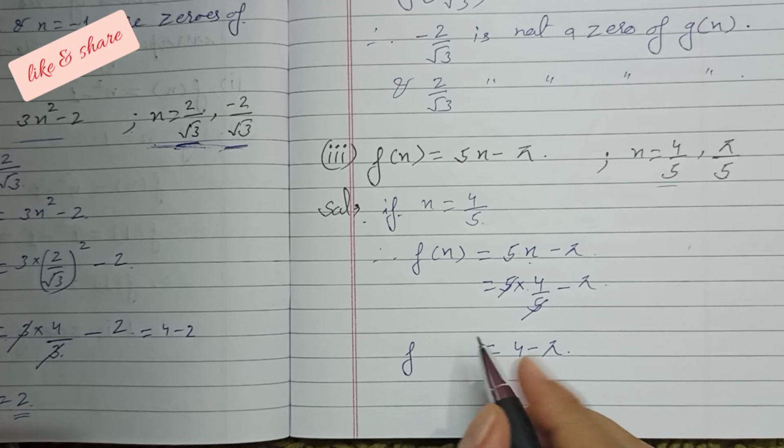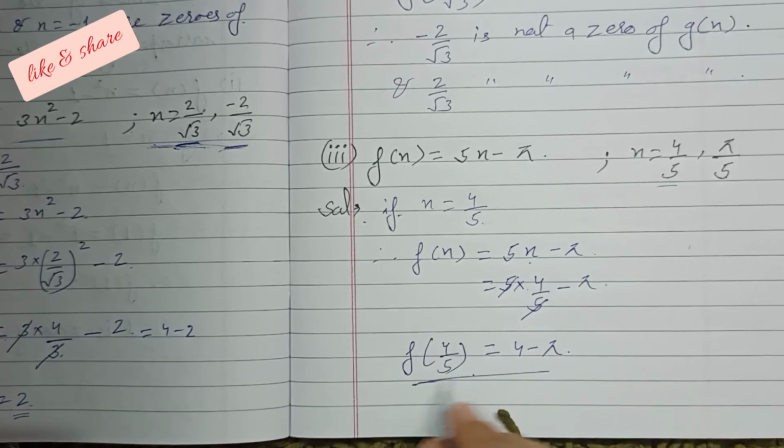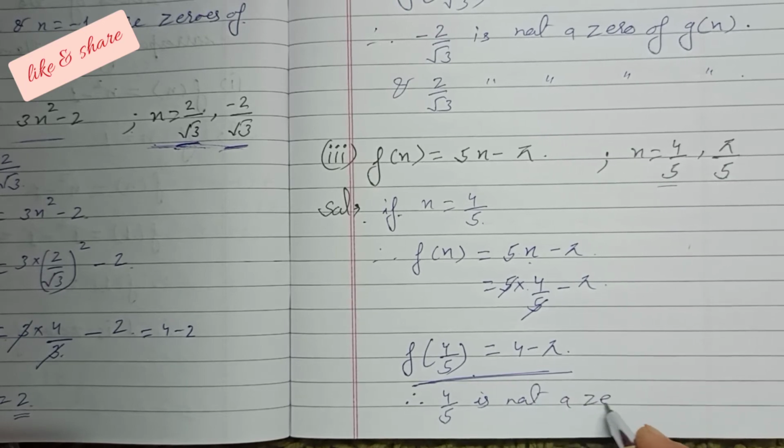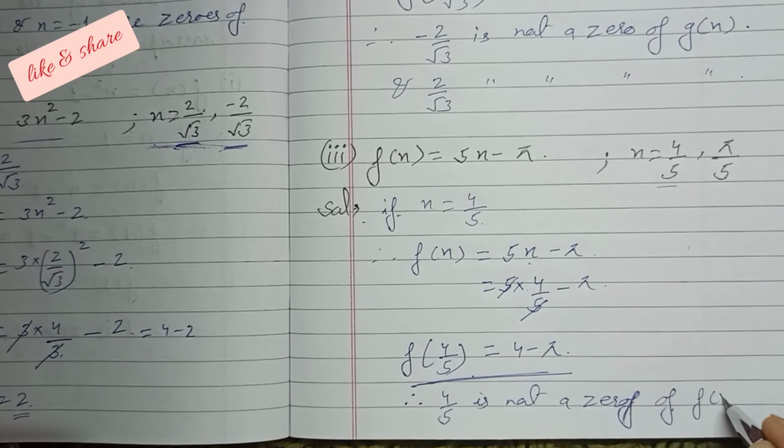So here f of 4 by 5 is equal to 4 minus pi. Therefore 4 by 5 is not a zero of the given polynomial f of x.